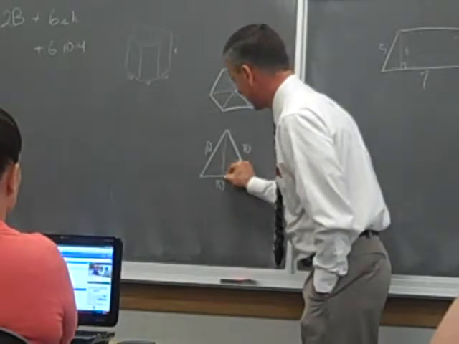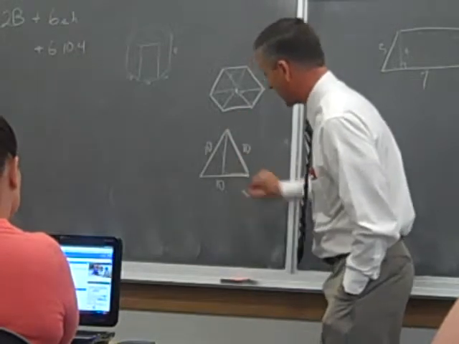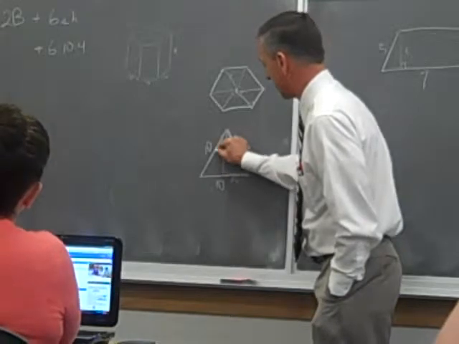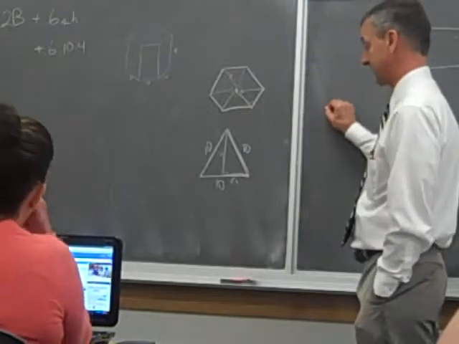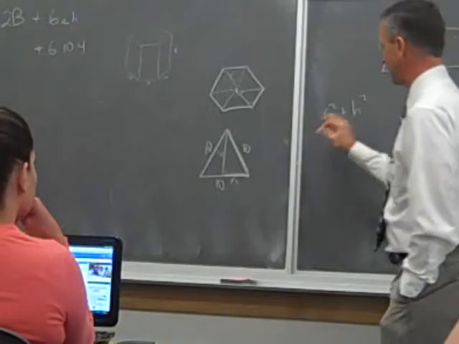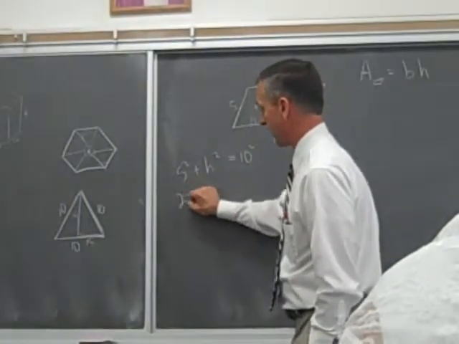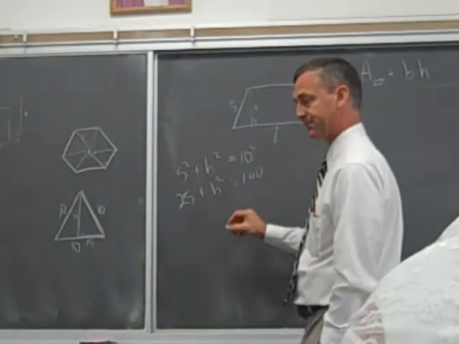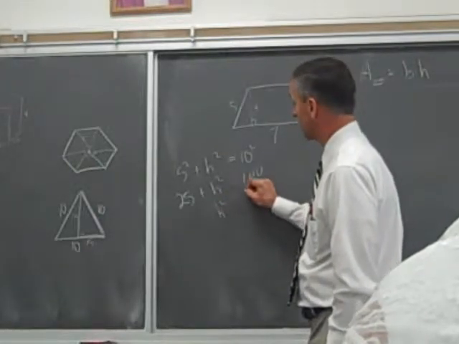So now I've got a right triangle, this one right here, that's 10 here, and how much there? 5, and an unknown, so I've got my a and my b, we'll call it h for the triangle. So what do I write? 5 squared plus h squared, the two legs, equals 10 squared. Then 25 plus h squared equals 100. Then h squared equals 75.